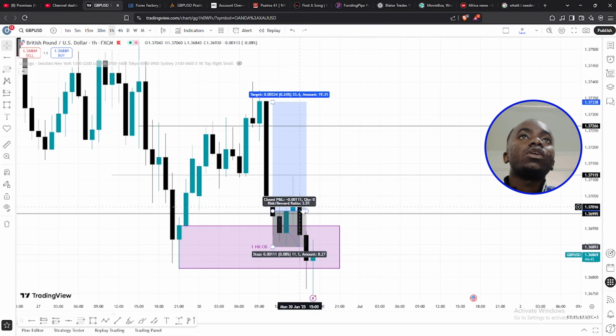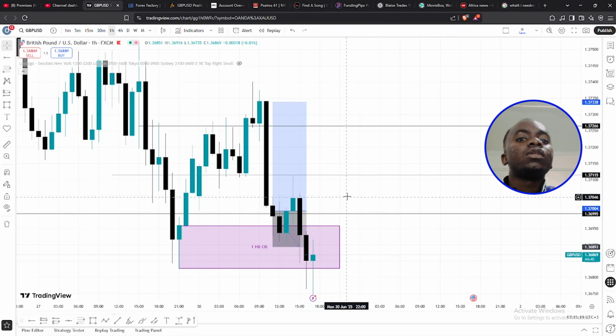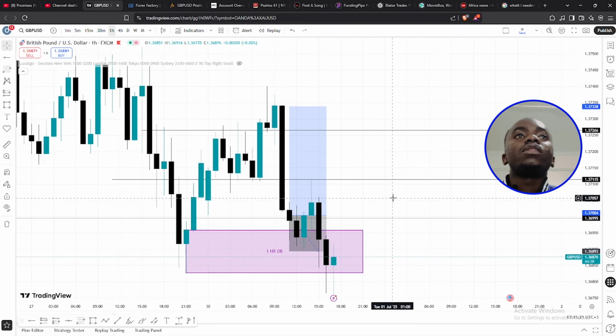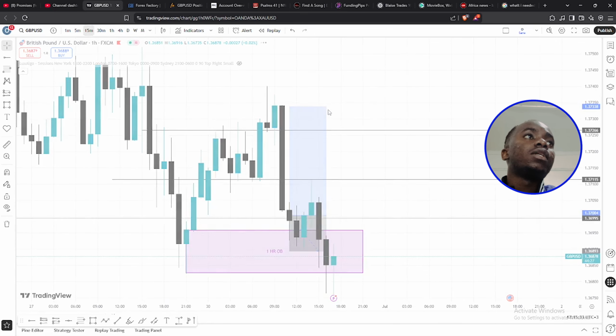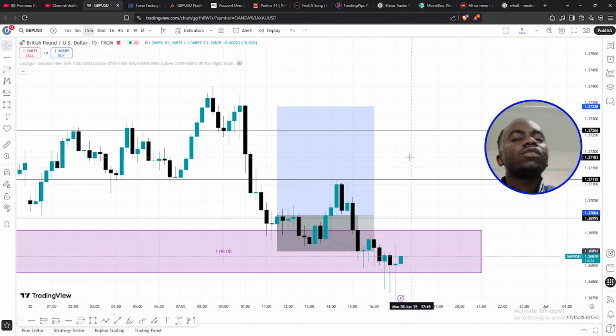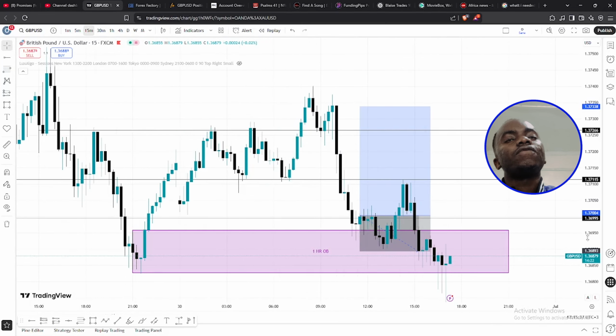So we have to keep it in check here. The reason why this trade did not go as planned is because we did not check our 1 hour confirmation. So that is something that we are putting down: any trade that I'm going to get into must have higher time frame confirmation.